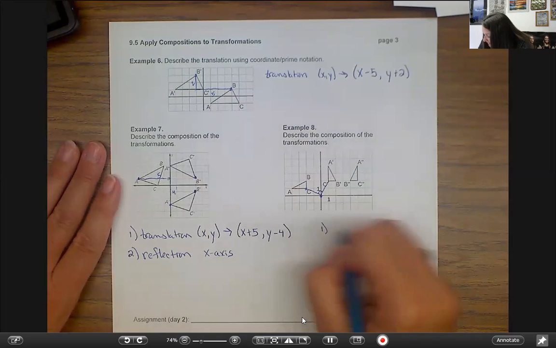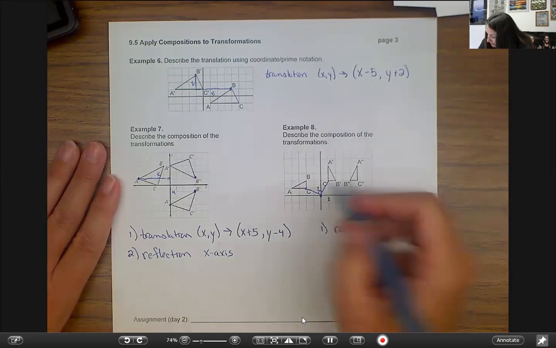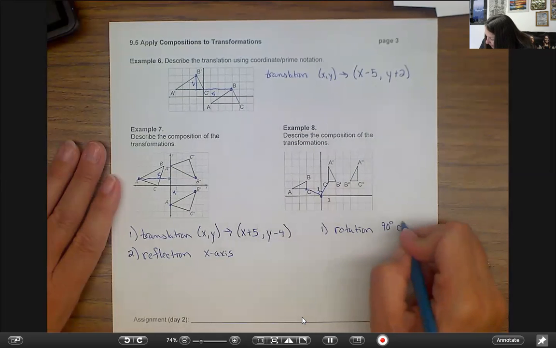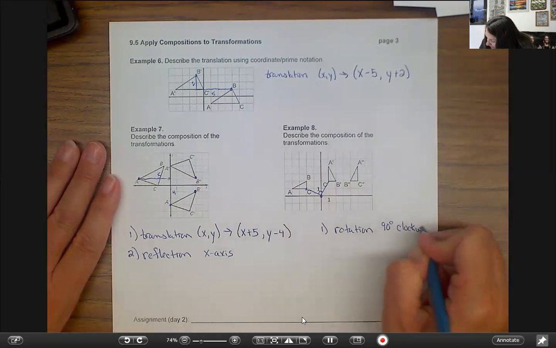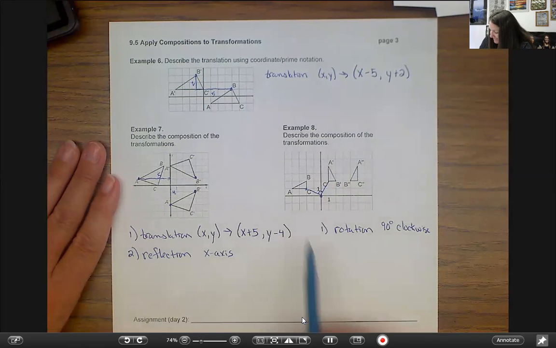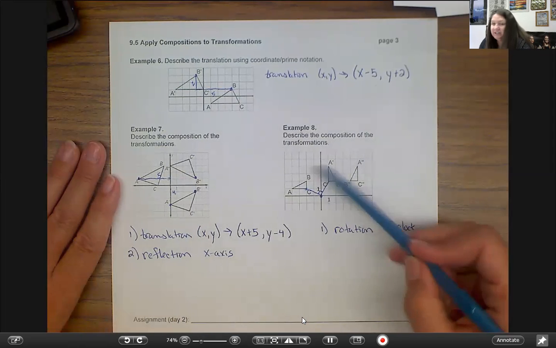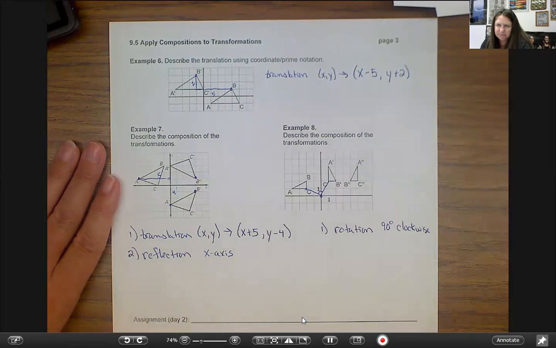So the first thing occurring is a rotation, and that's 90 degrees moving clockwise. Now be careful, because if that was multiple choice, it might say 270 counterclockwise if it was moving the other direction around your graph. So that's plausible, but the way I have it drawn here, it's moving in that clockwise direction.